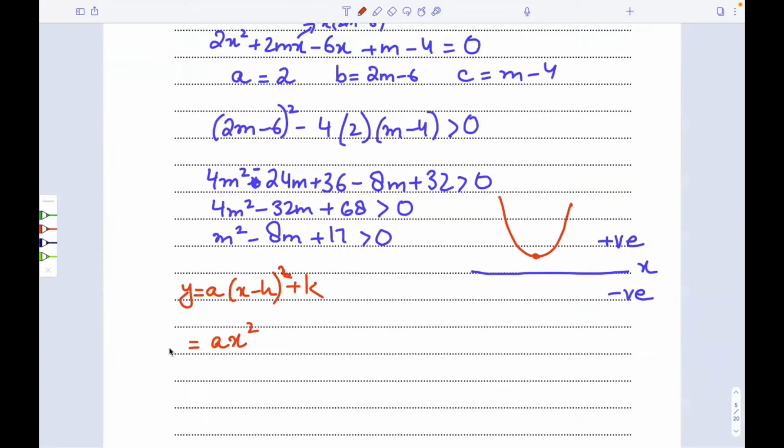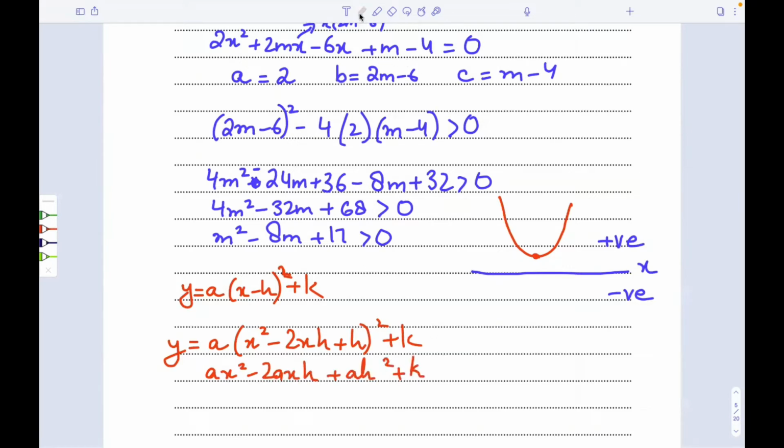So, first of all, we can just expand the bracket. We get a multiplied by x squared minus 2xh plus h squared, plus k, which will become ax squared minus 2axh plus ah squared plus k.